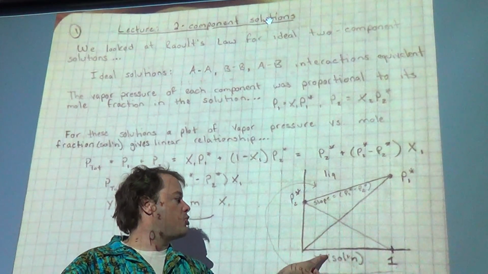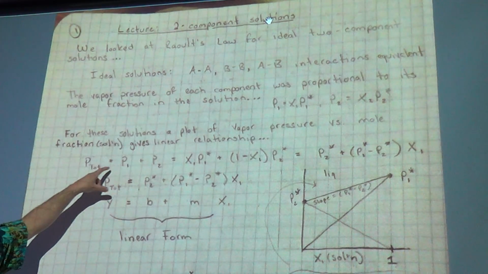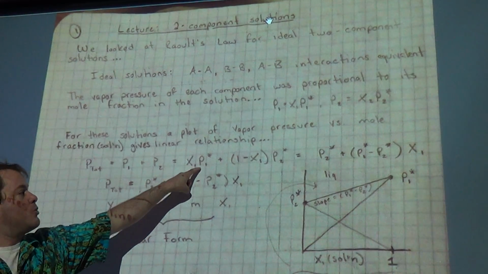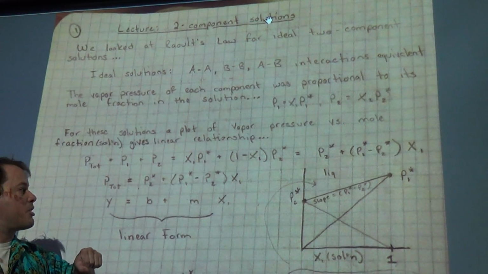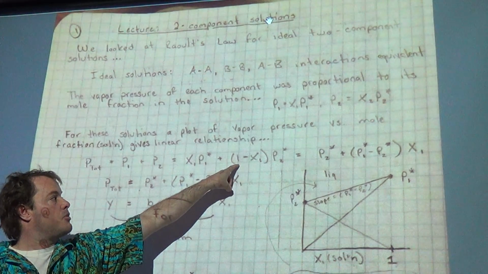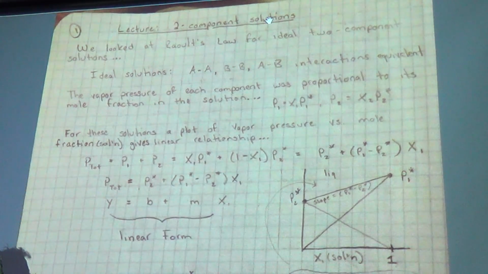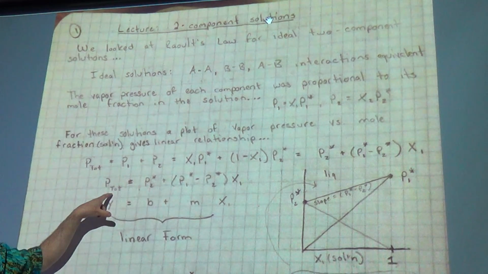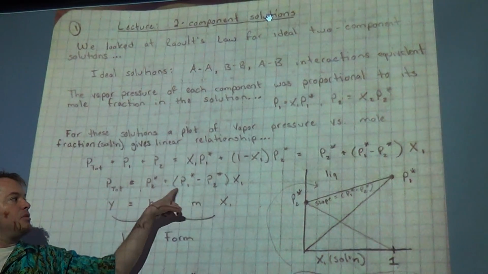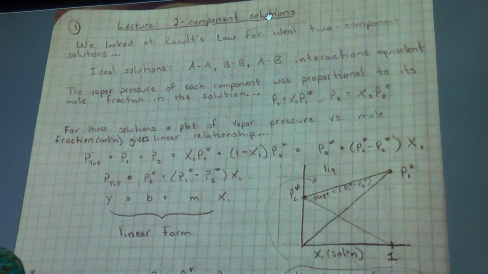If we write the total pressure as the sum of P1 plus P2, with P1 as the mole fraction x1 times the pressure of the pure liquid, and P2 as the mole fraction of component 2, which is 1 minus x1, times its pure pressure, and we sum those together, we get an expression where the total pressure is equal to P2 pure plus m times x1. This is a linear form: y equals b plus mx.